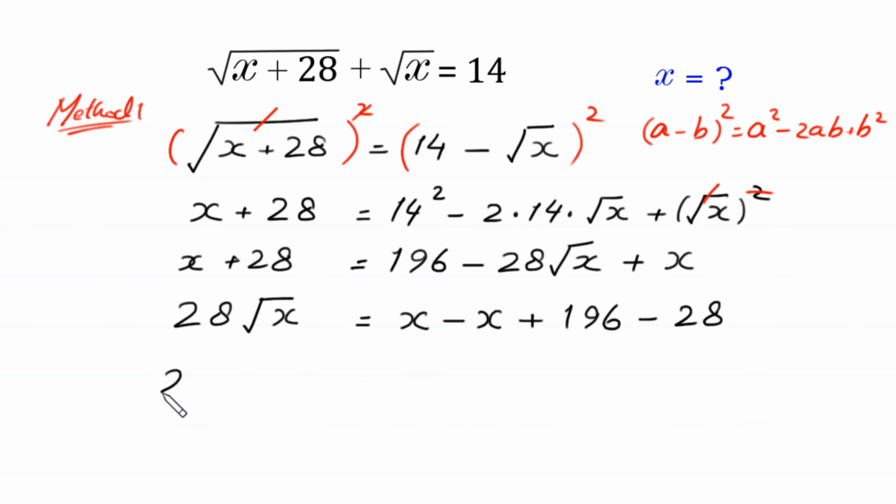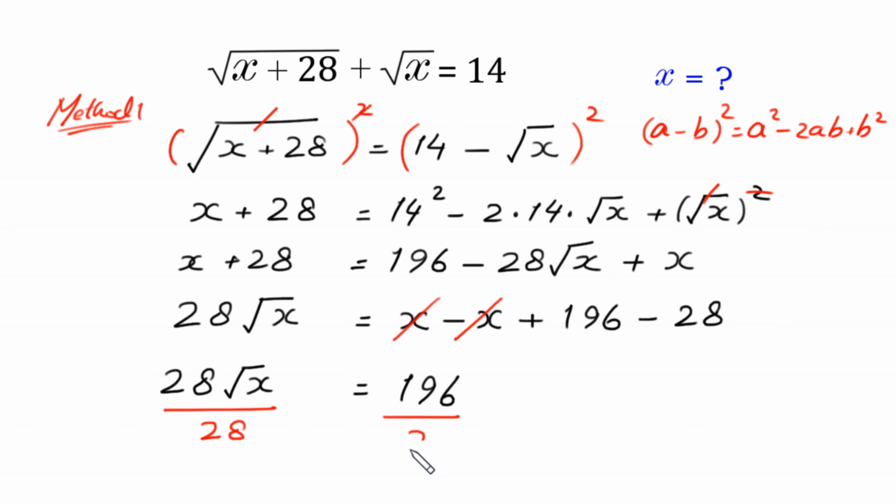Next, 28 times square root of x is equal to, this positive x will be cancelled out with this negative x, and 196 minus 28 becomes 196.